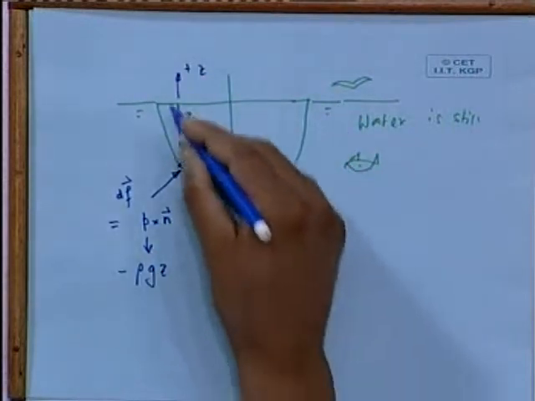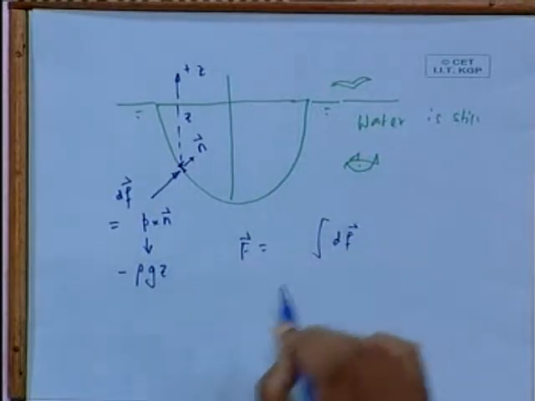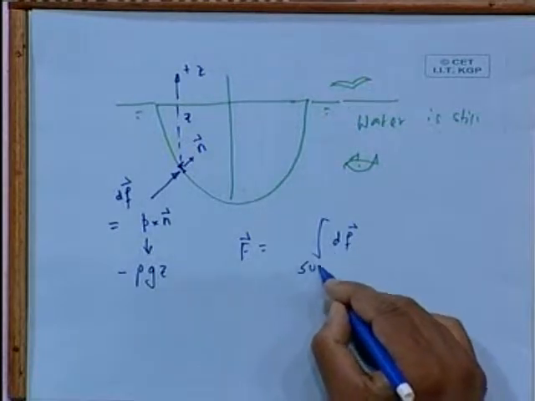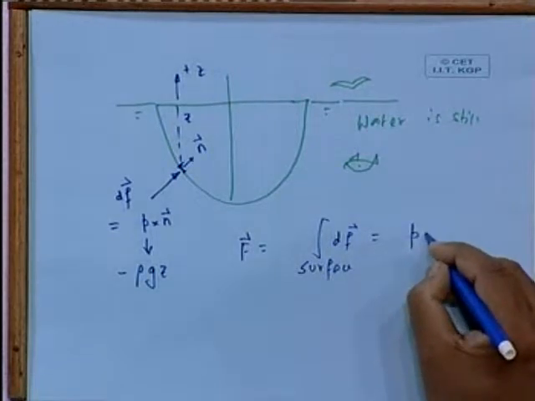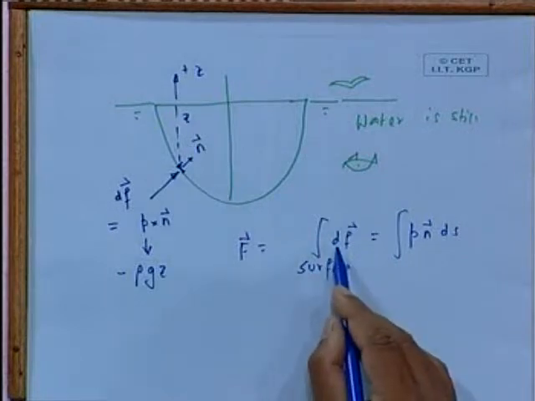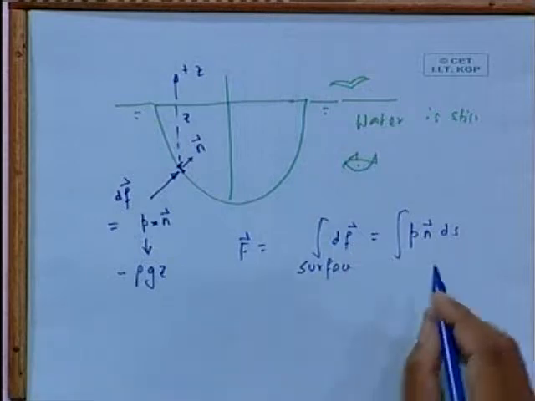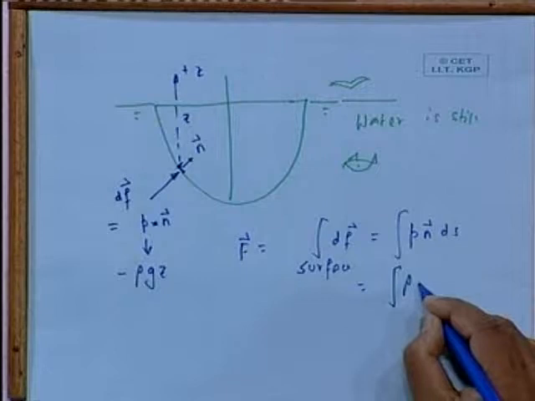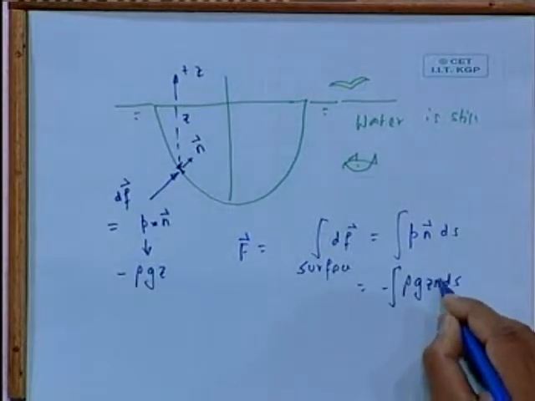Now what is the total force F? It is the integration of dF over the surface. This is essentially P n dS over the surface, because dF is P n, and P here is minus rho g z, with dS and n.